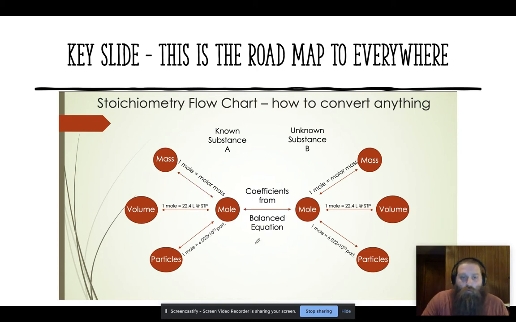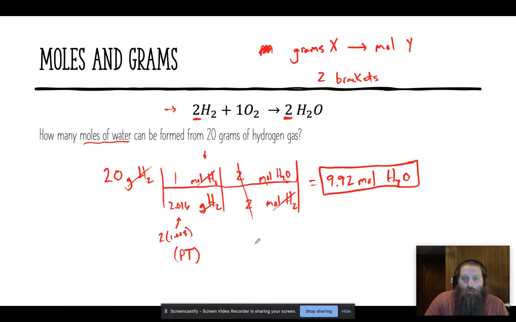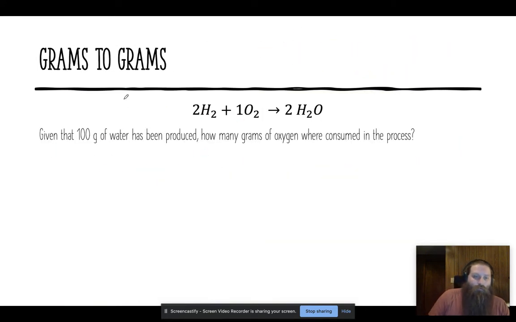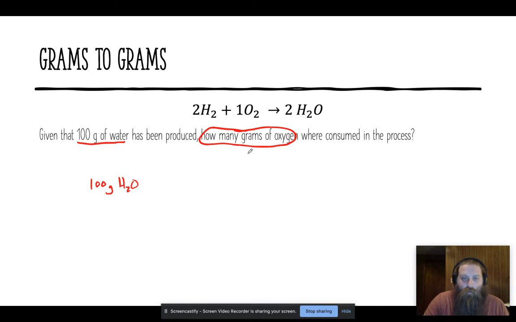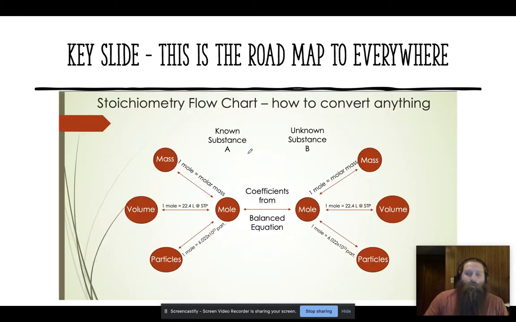And the next one we're going to go, let's look at it. So I have 100 grams of water. There's my given. I want to know how many grams of oxygen. That's where I'm trying to finish. So I'm starting with grams of X, and I'm finishing with grams of Y. So come back up here, right?